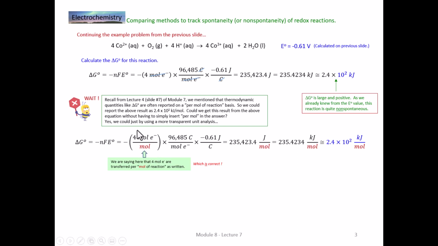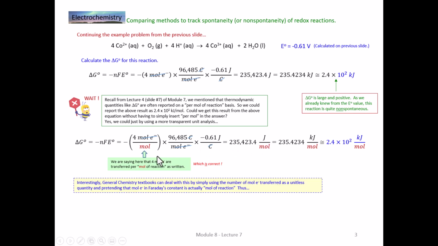And that's correct. So now we can cancel out the moles of electrons because Faraday's constant is coulombs per mole of electrons. So we cancel that out, and of course cancel out coulombs. And we end up with joules per mole of reaction, or kilojoules per mole of reaction.